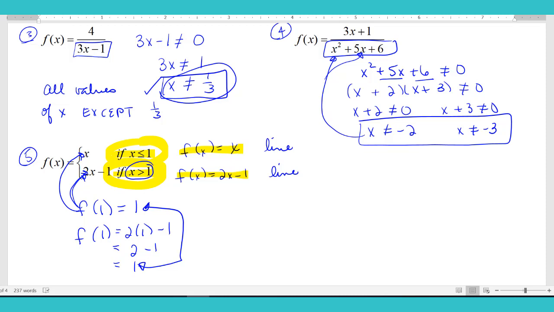I challenge you to graph this by hand or with a graphing calculator, and you would see that these two half lines would meet at the point (1, 1), and so this would be continuous at all values of x. If these had not been the same values, then it would have been discontinuous at that given value.